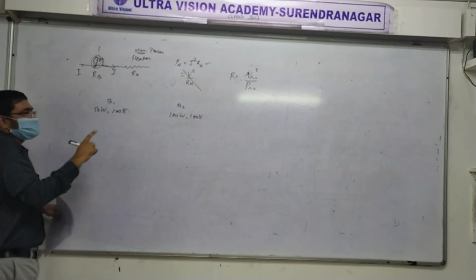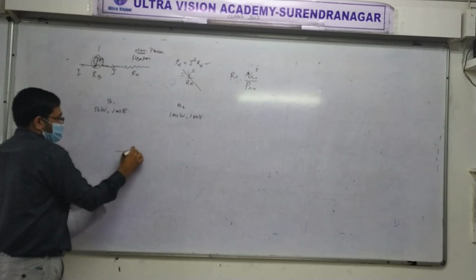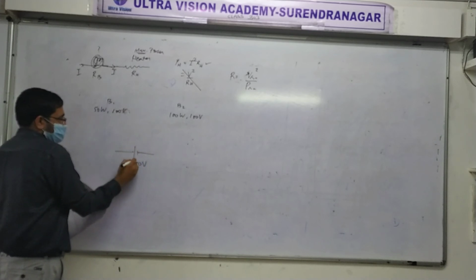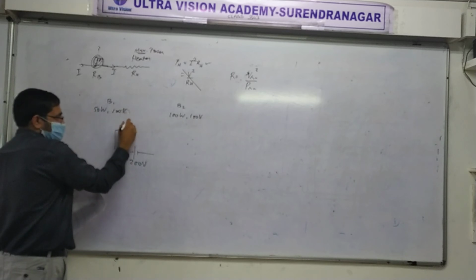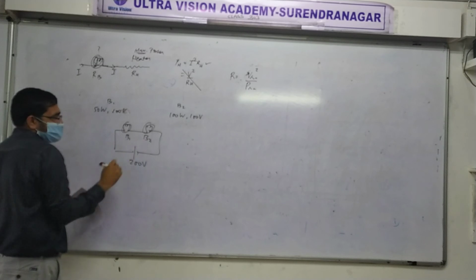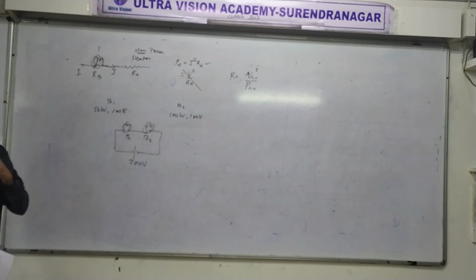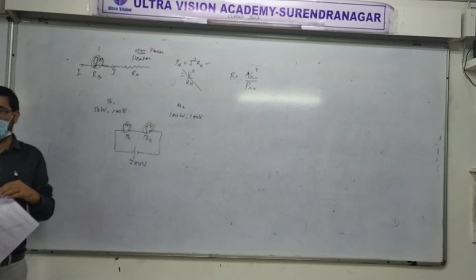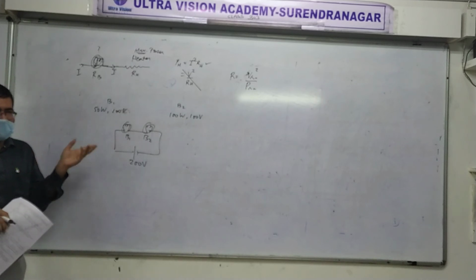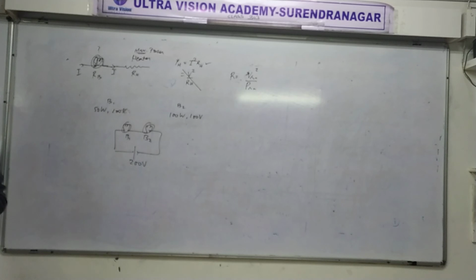And then let's say that the series supply is 200 volts. These are the bulbs. Which will glow brighter? Whichever gets more power will glow brighter. Yes or no?